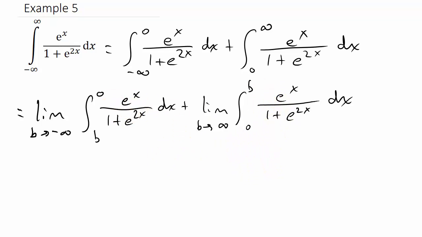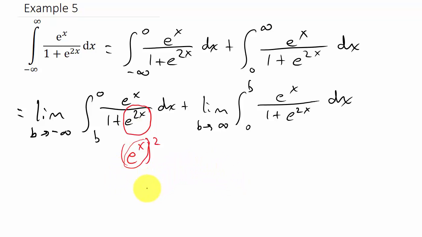If you look at this term here, it's going to be the same in both. This e to the 2x can be written as e to the x squared, so that would be 1 plus e to the x squared. And then notice the derivative of this term is in my numerator.